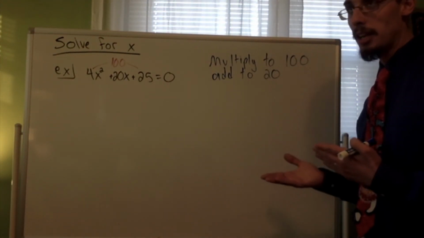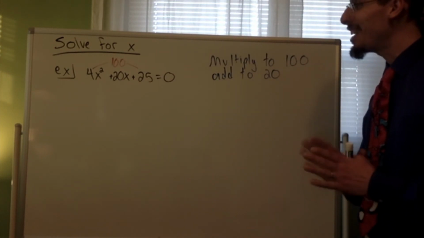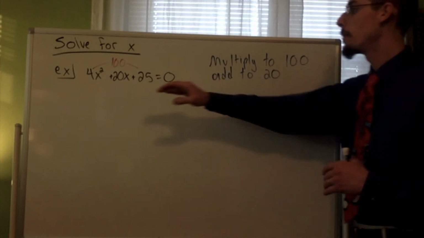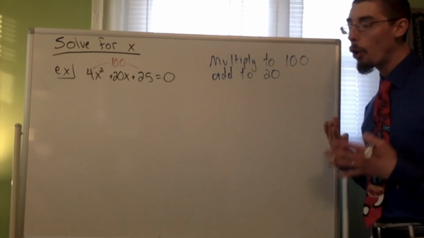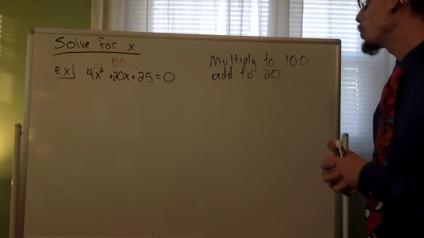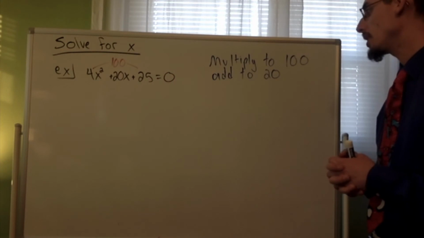A lot like the example I started with, right? But this time, you had one step to do first, 4 times 25. And we've already gone over this. So I need to multiply to 100 and add to 20.